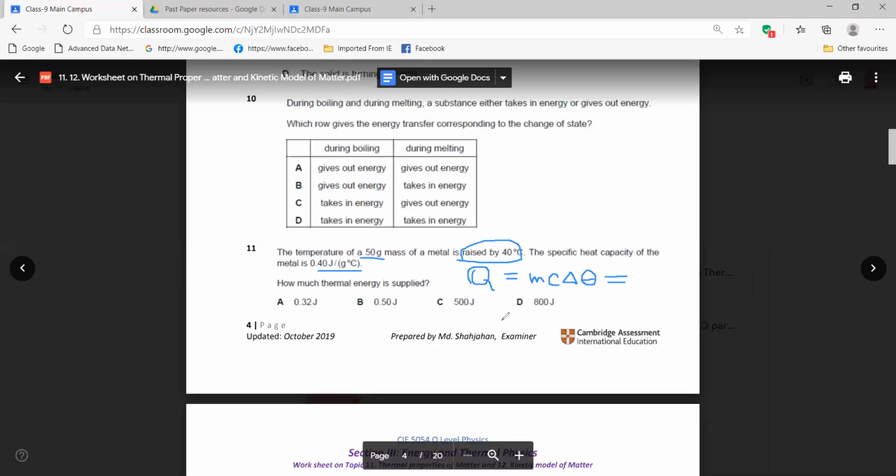Now 11 is done. 800 joules is the correct answer. Then we are going to the next question.